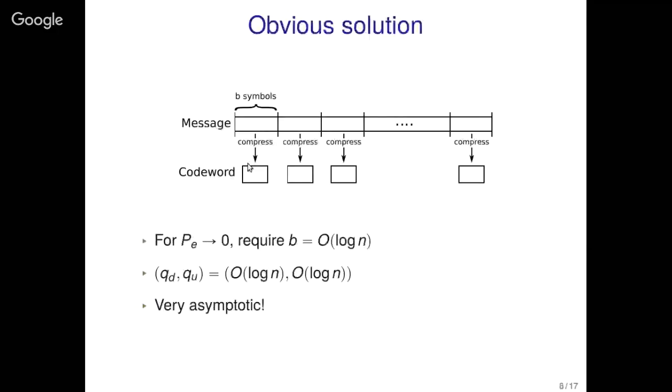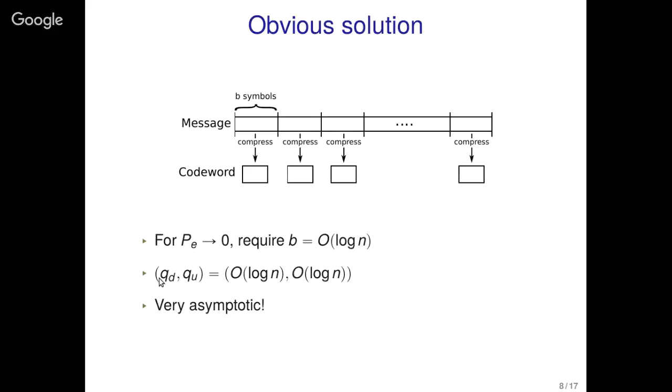But we want a fixed length compression scheme with vanishing probability of error, which means that for any compression scheme, we require the size of the block B to grow at least as fast as order log n.